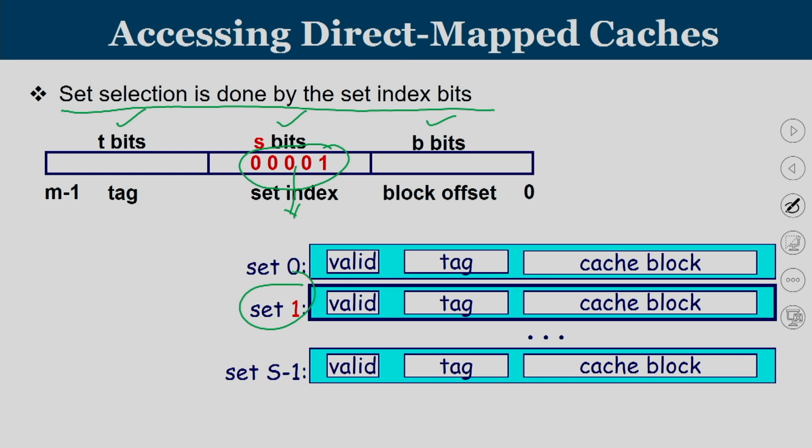So, when I get an address where the index portion is 00001, numerically it is 1. The value can range from 0 to 31, which means I have 32 sets in this cache, since 2 power 5 is 32. If the address is this, then it is going to set 1.